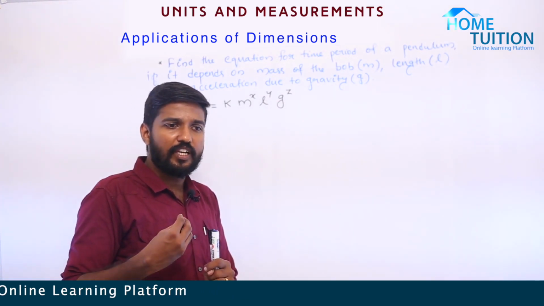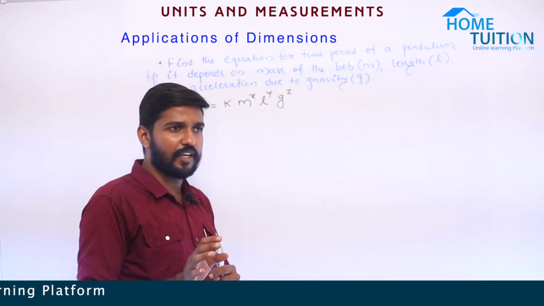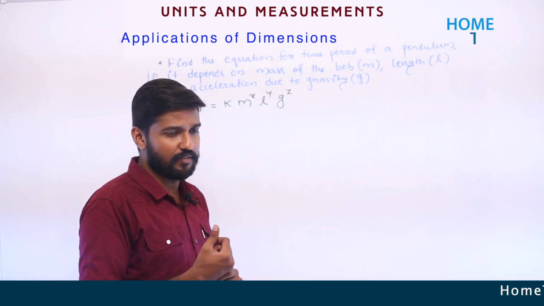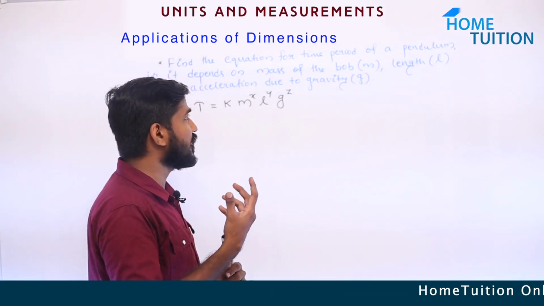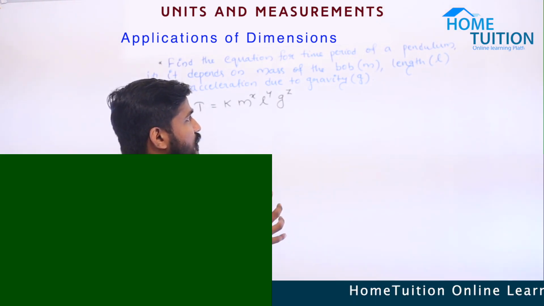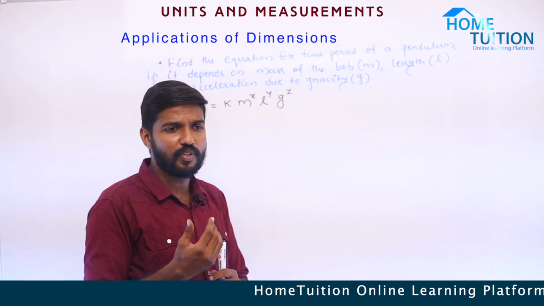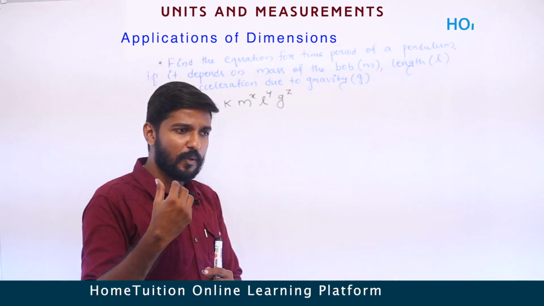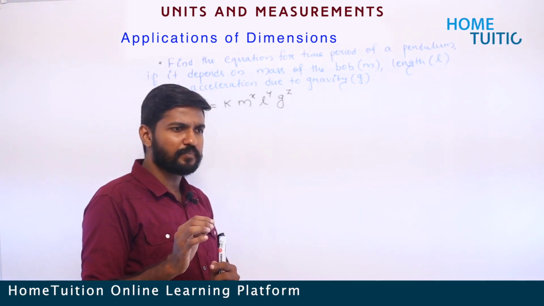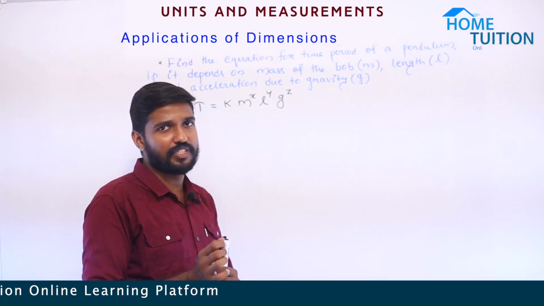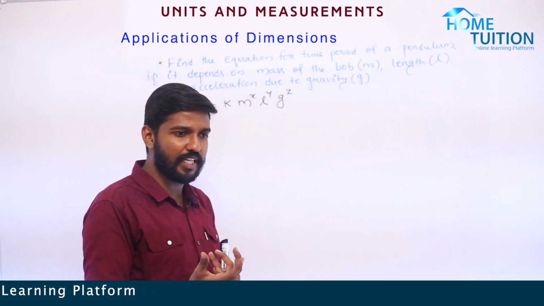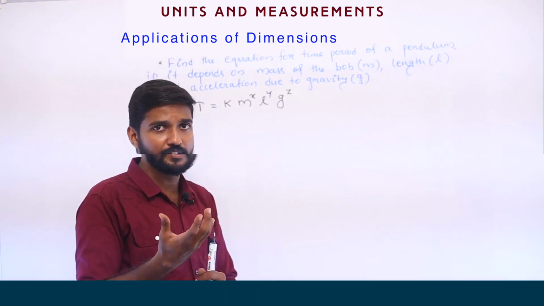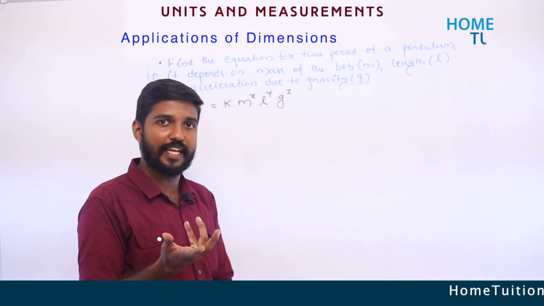Okay, so when a question is given to you, first of all identify for which quantity you are going to derive the expression. Like here, we are going to derive the expression for the time period. If you want to find the expression for time period, then take it as T. If you want to find the expression for force, then take it as F. And if you want to find the expression for velocity, then take it as v.